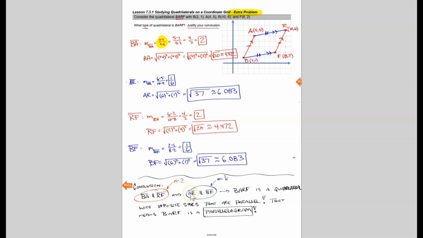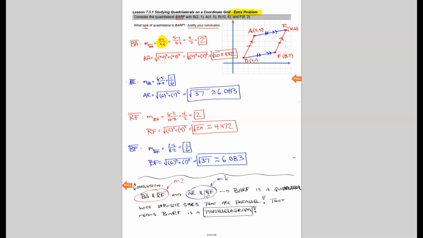We also know that segment AR is parallel to BF because they both had a slope of 1/6. That means BARF, and again, who named that thing? BARF is a quadrilateral with opposite sides that are parallel. That means BARF is a parallelogram. I'd encourage you to go back and look at the quadrilateral org chart because there you'll see that the definition of parallelogram is quite simply a quadrilateral with opposite sides that are parallel.